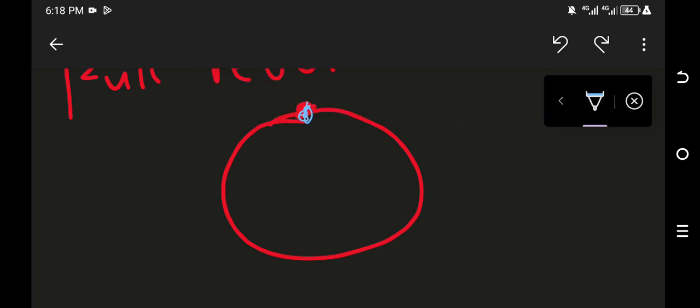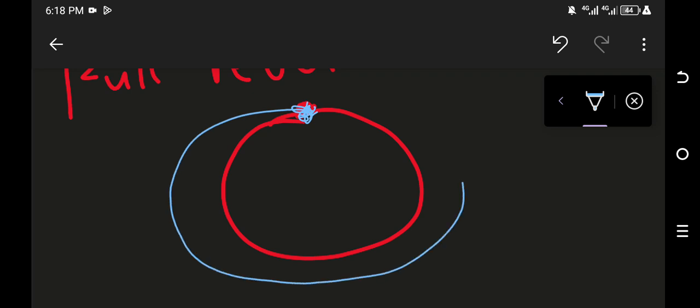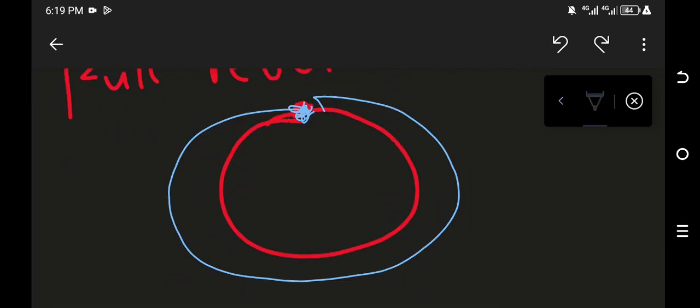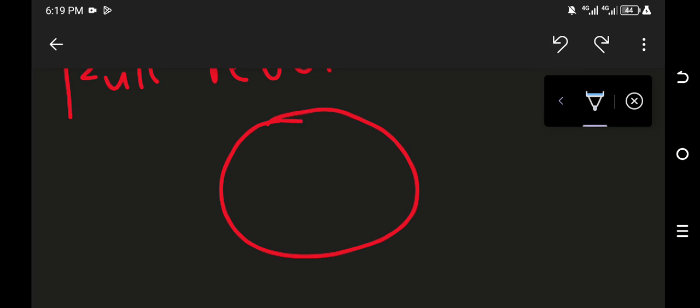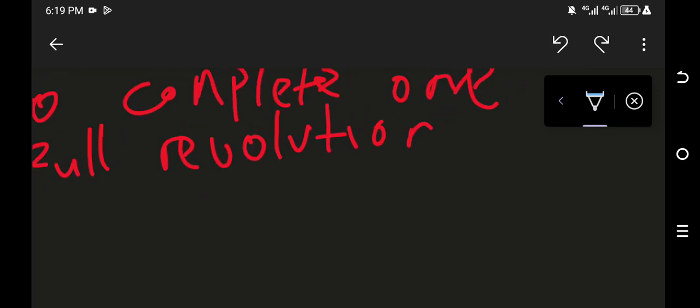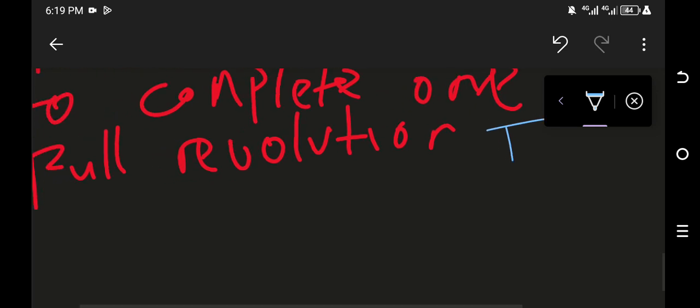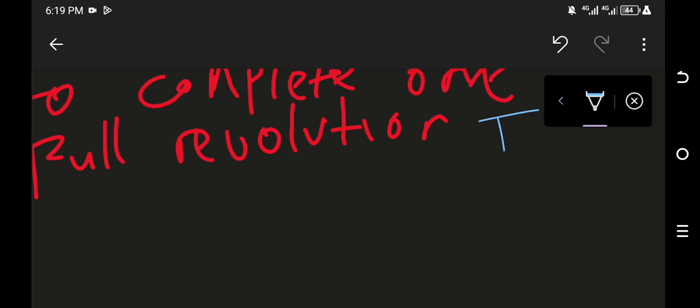So this is the object. The time it will take for the object to move from this part to again this part, this is what we call the time period. And it is represented by the letter T.